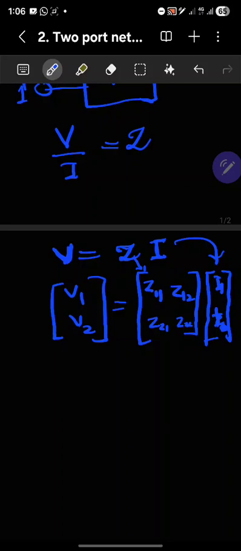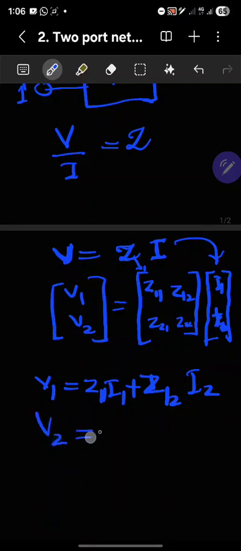From this we can easily write the expression for each. We can write V1 equal to Z11 I1 plus Z12 I2. I hope all of us know the matrix multiplication rule.